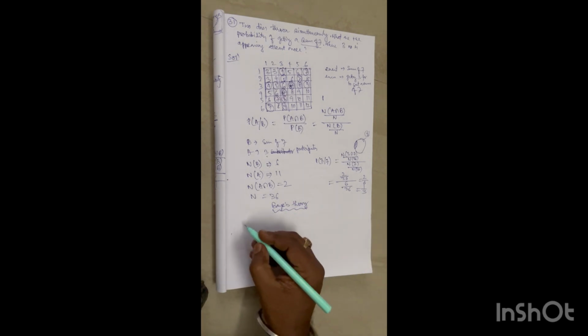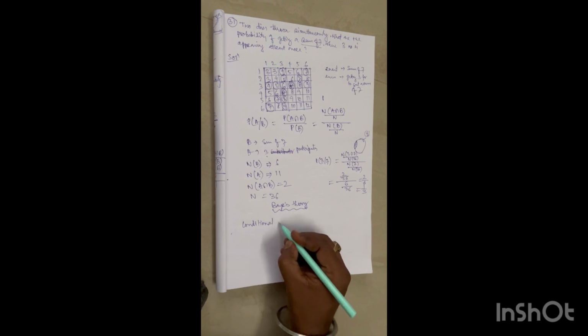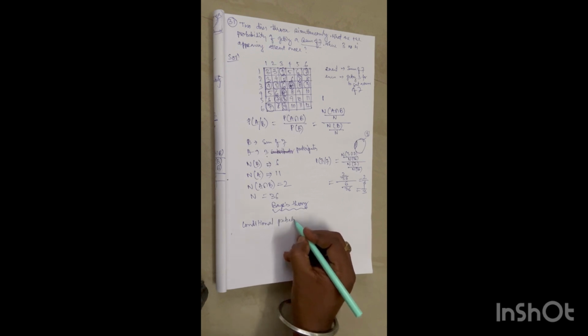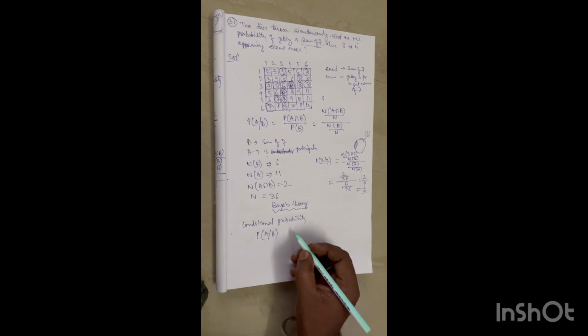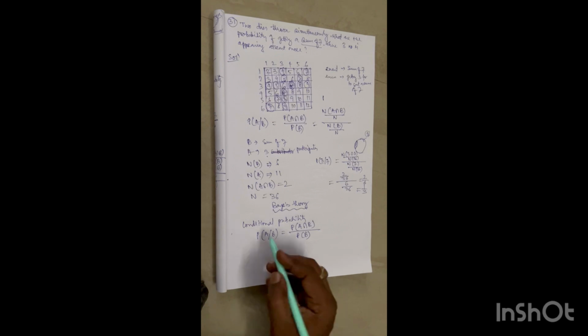Now, if you see conditional probability, there we learn that the probability of any event given another event which has already happened depends on the intersection of that event with the other event, and the probability of the other event. If I take the ratio of these two, we will get this one.